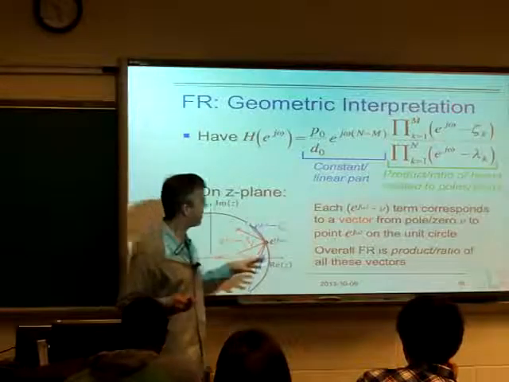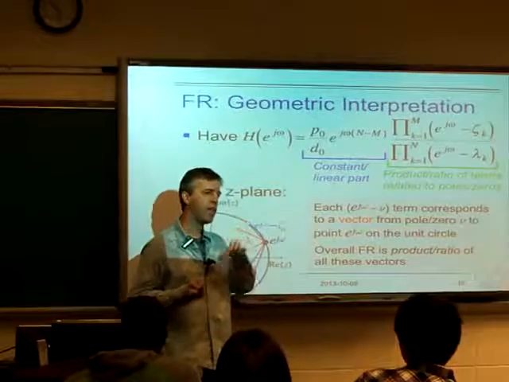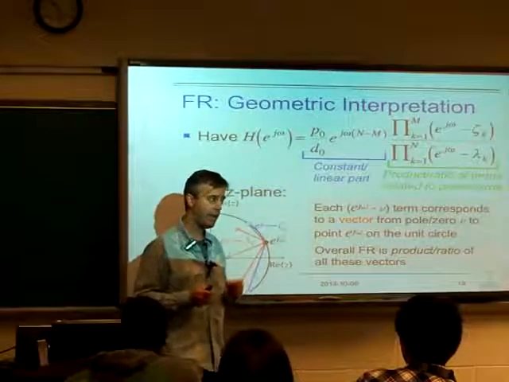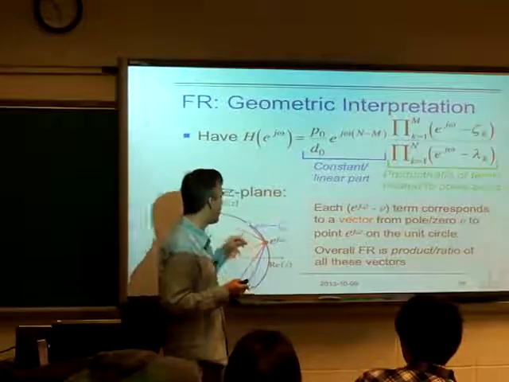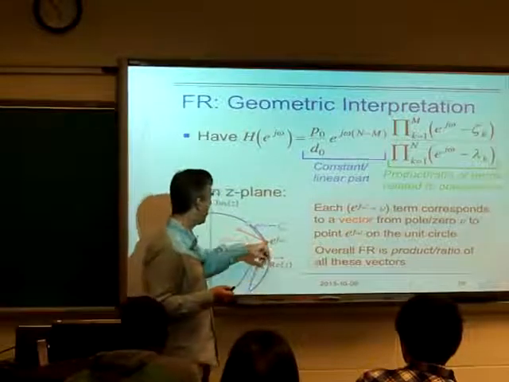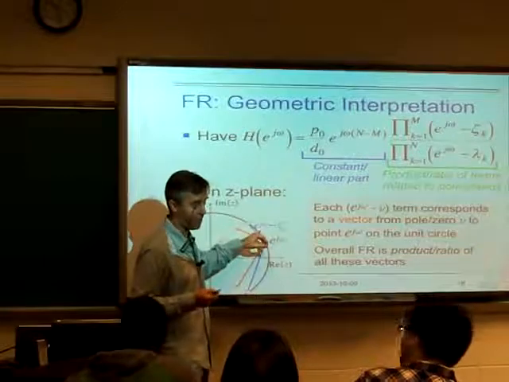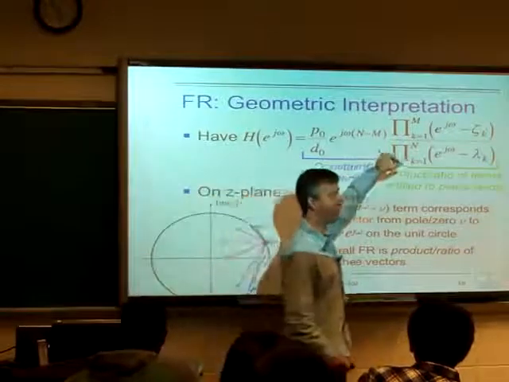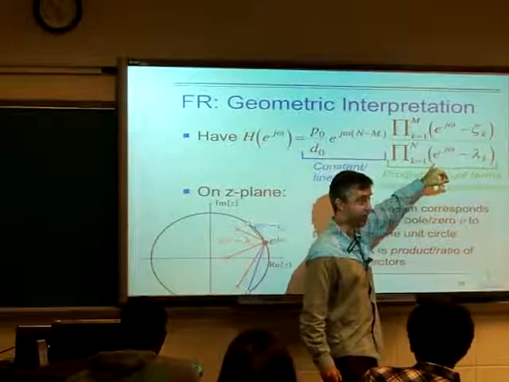And then I went through the rubber sheet description of the z-plane, which is the same as this geometric interpretation, where the actual value of G of z for z equal e to the j omega is just the product of the numerator terms divided by the product of the denominator terms.